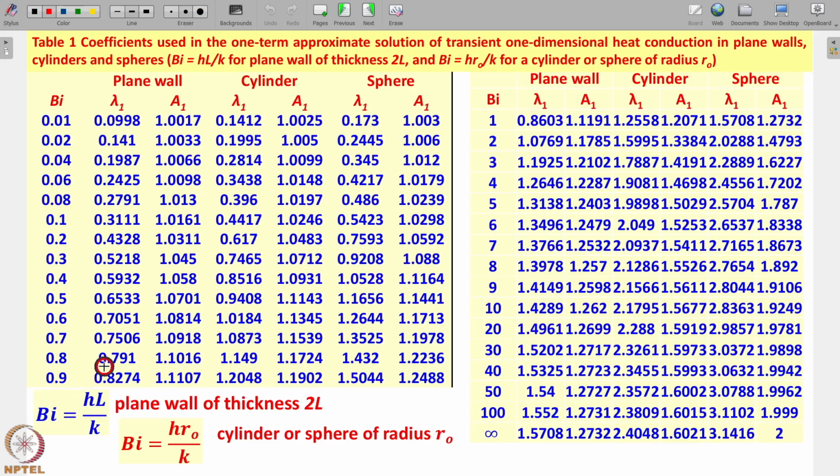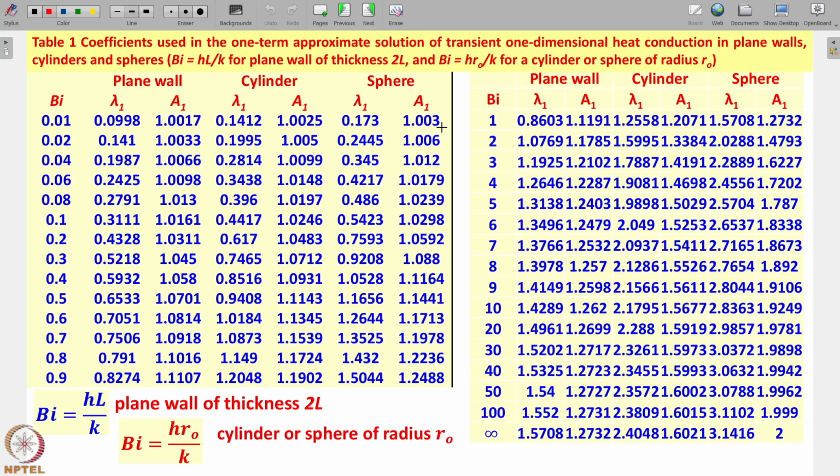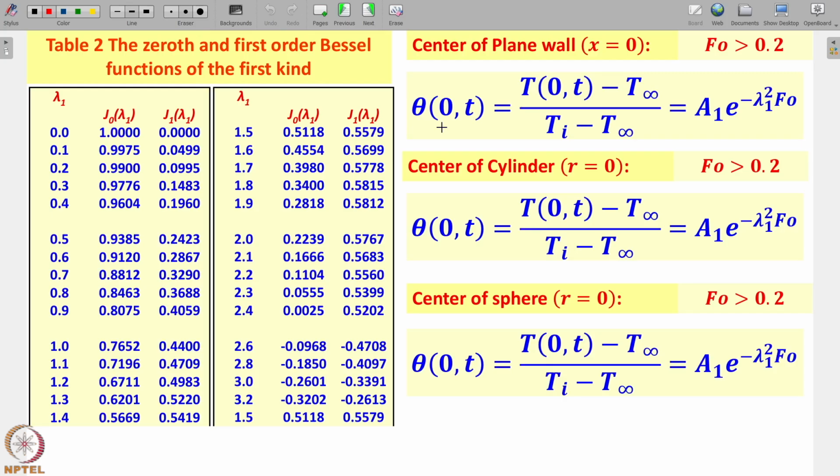So Biot number you will calculate using h L by k, plane wall of thickness 2L, and you will substitute that A1 and lambda 1 at any given location x at any time t, Fourier number equal to alpha t by L squared. You can compute the temperature at any given x comma t for a given Ti and T infinity. So that is what we are going to do. We will solve a problem so that you will become comfortable with this methodology, and then we will take up cylinder and sphere and we will solve a problem as well.